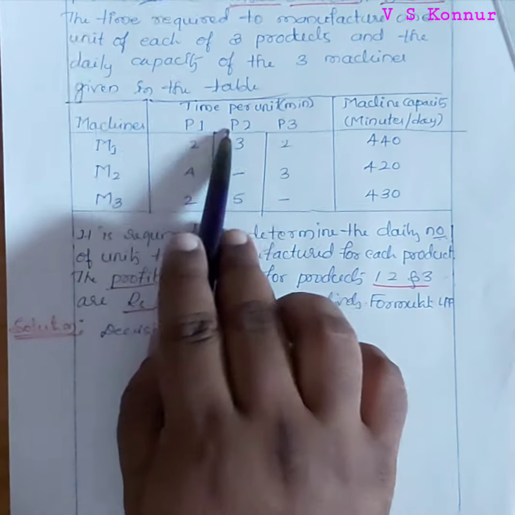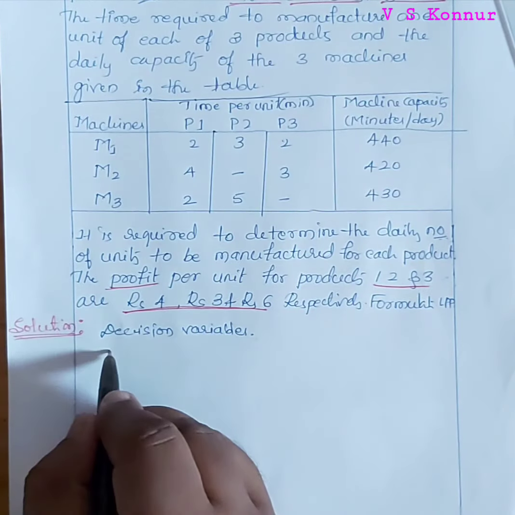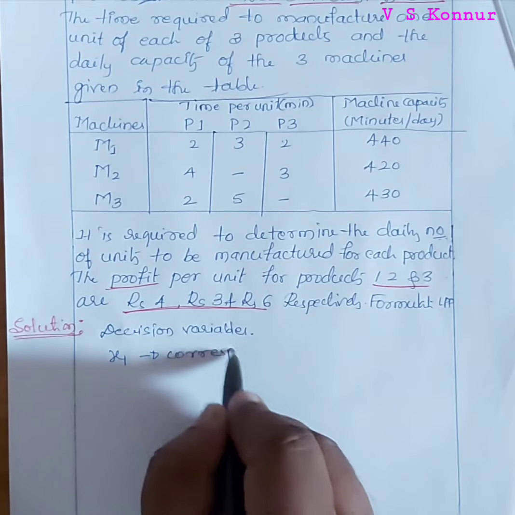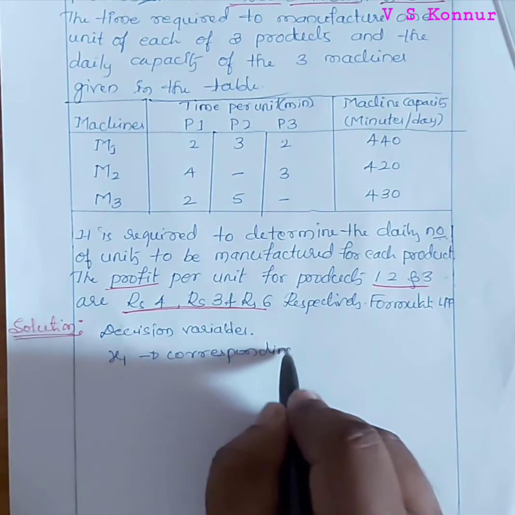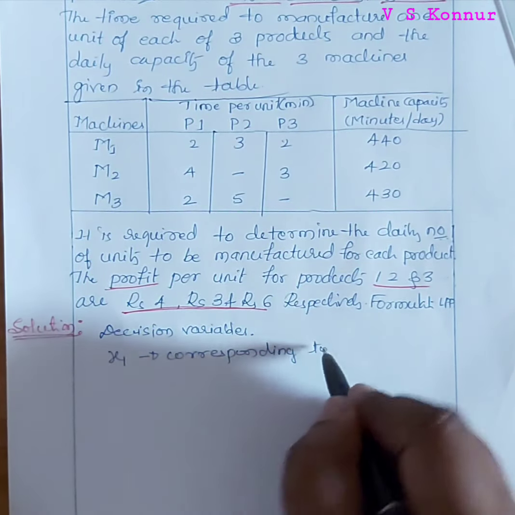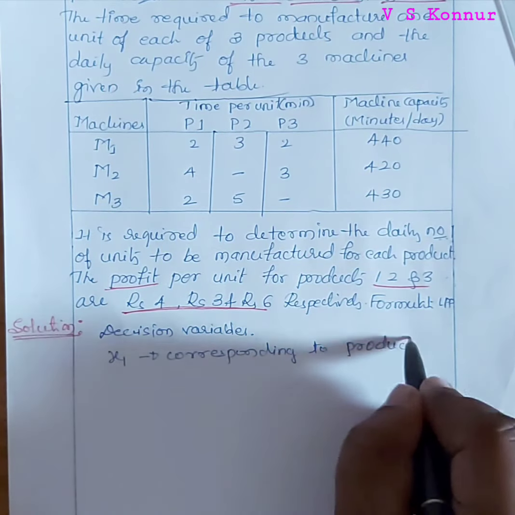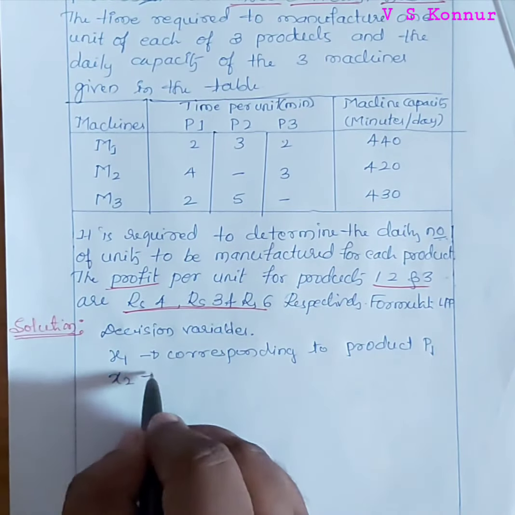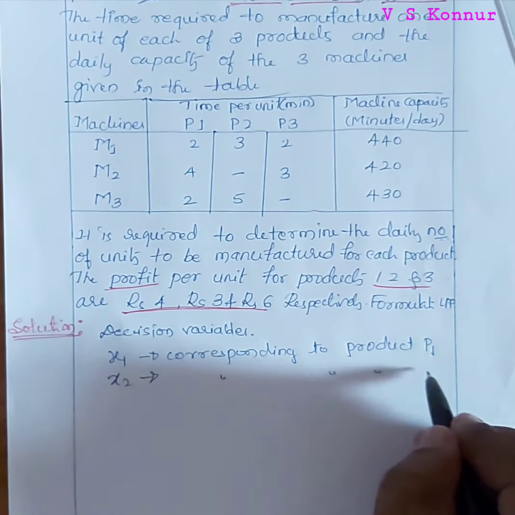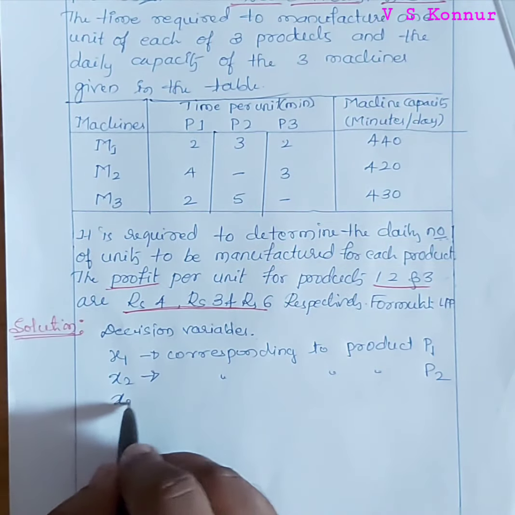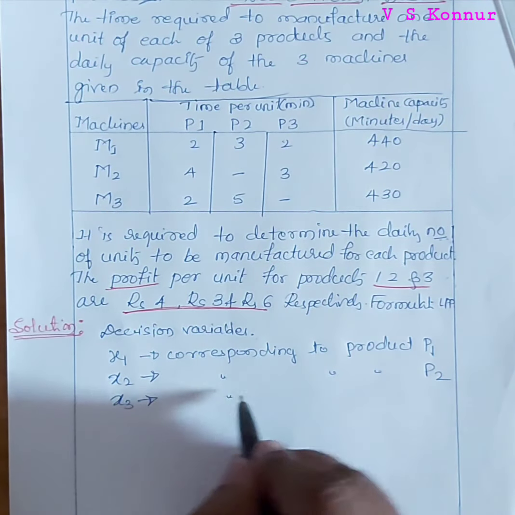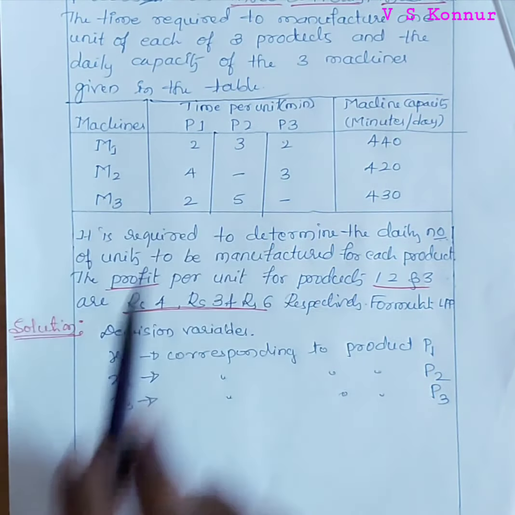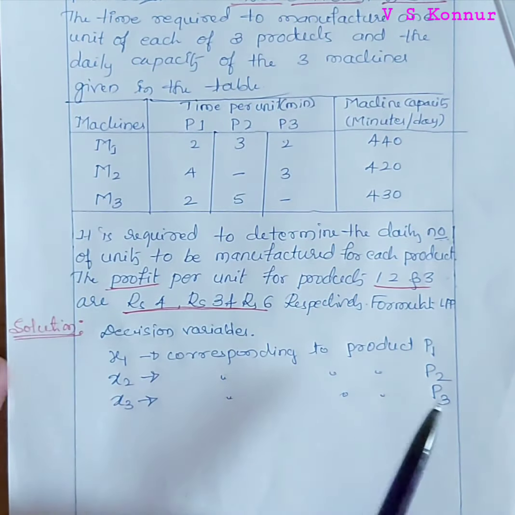In this, three products are given, so X1 we have to define corresponding to the product P1. Next we'll define X2 variable, the same corresponding to the product P2. Then X3 variable corresponding to the product P3. So three products are there, three variables we have defined.